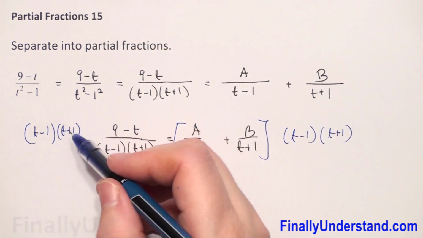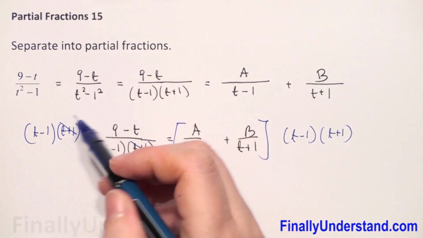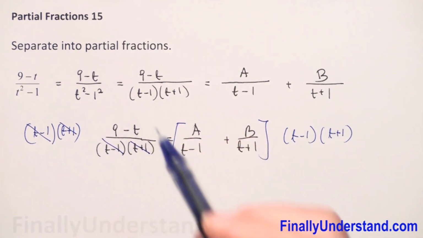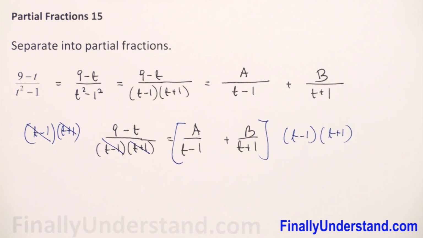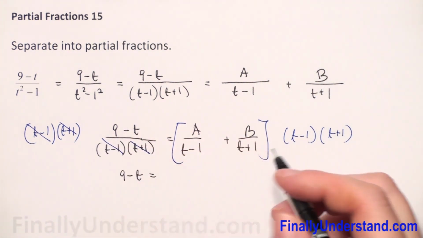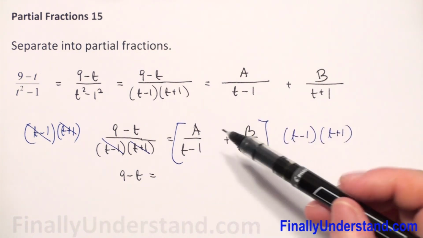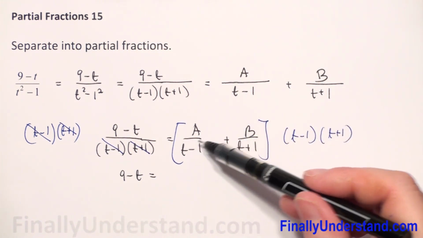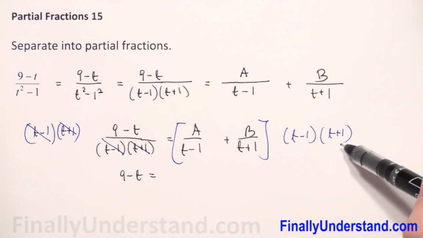So we see that t plus 1 with t plus 1 we can reduce, and t minus 1 with t minus 1. So on the left side we will have only 9 minus t, and on the right side we have to multiply every fraction in brackets by t minus 1 times t plus 1.